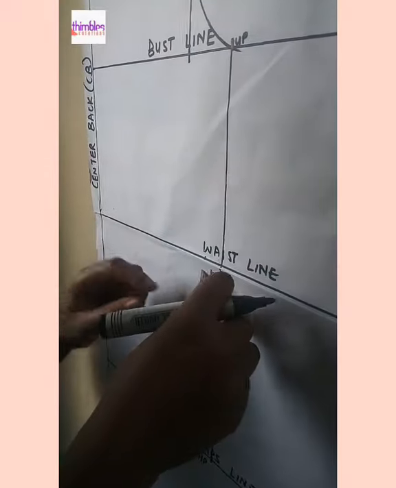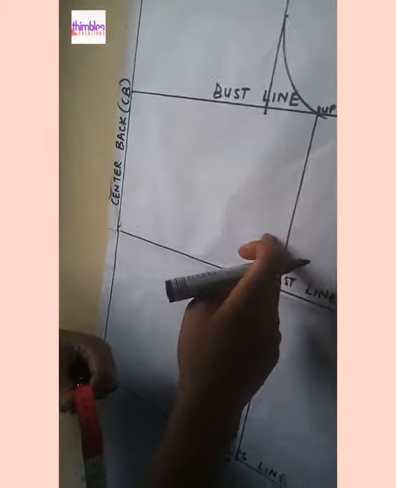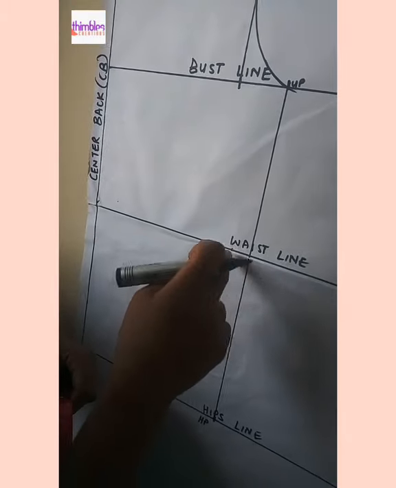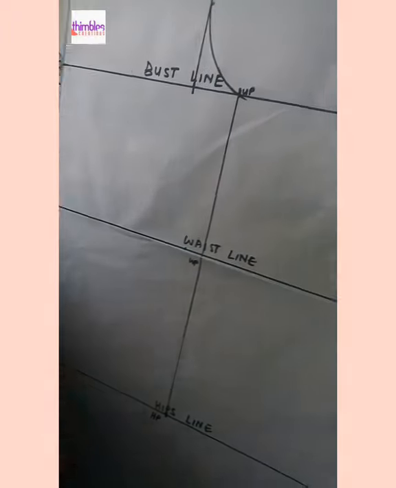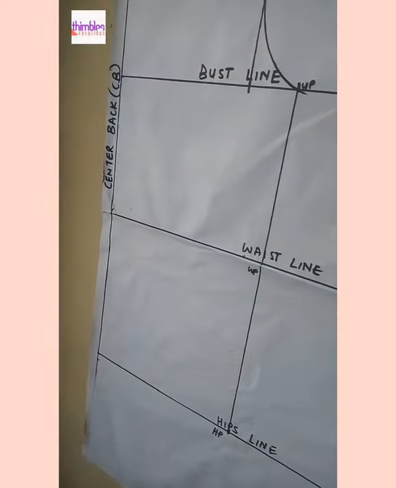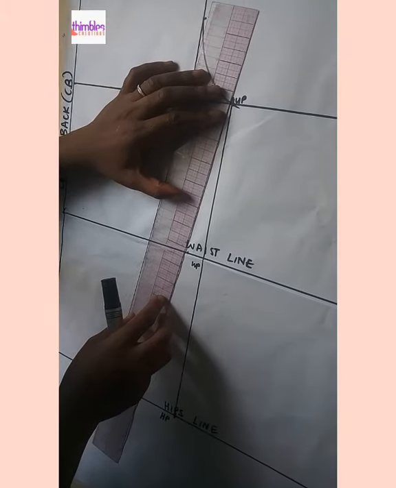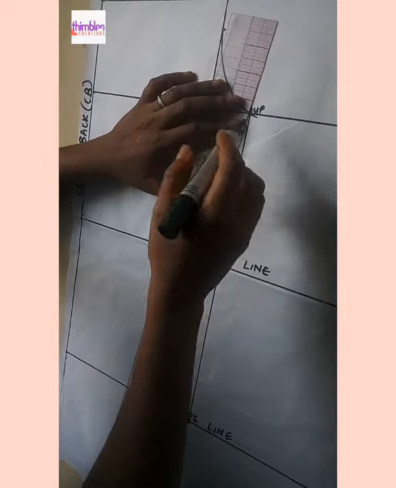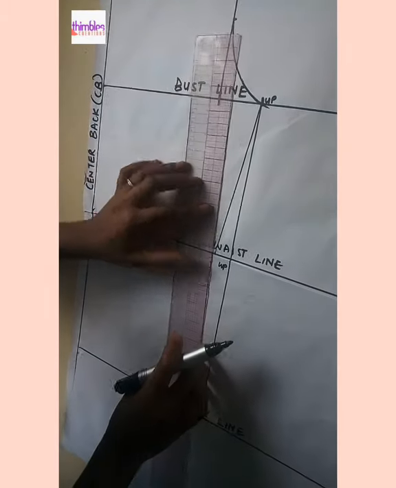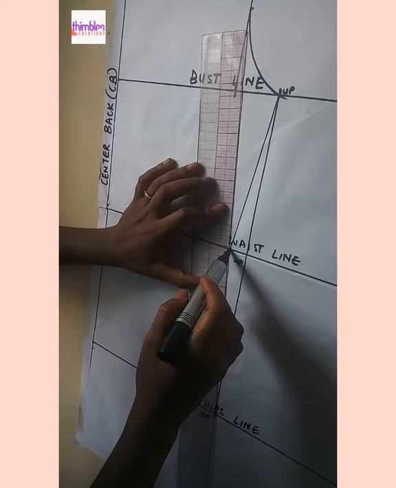So I'm going to use a curve to join from UP to WP, and from this place to this place with a ruler. I use a ruler to join from here to WP.